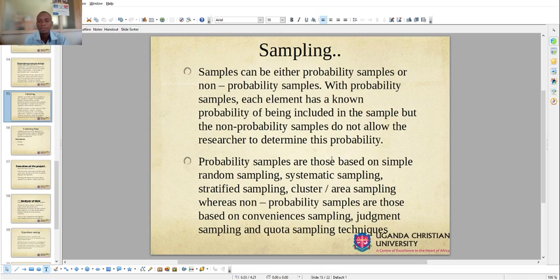And how do we do it? I can write down all of you, all the 1,500. I put them on the same size papers. I fold them in the same way. I put them in a basket.